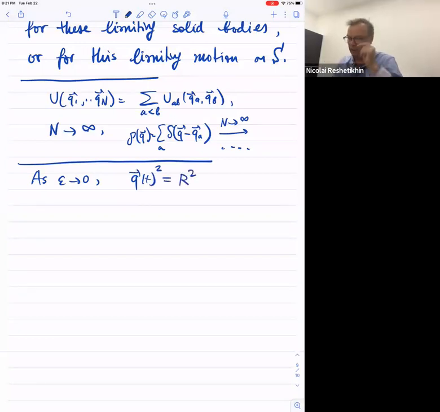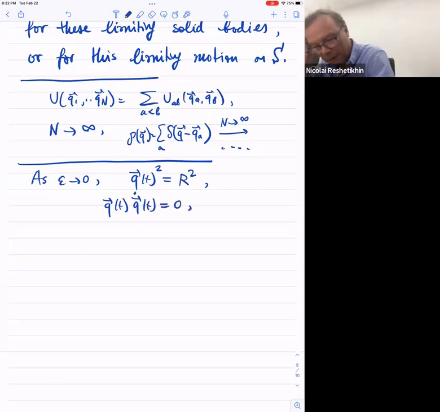In other words, q squared, meaning the scalar product with itself, is equal to r squared. So what can we say in this case? If we differentiate this constraint, we see immediately that the velocity is tangent to the sphere.